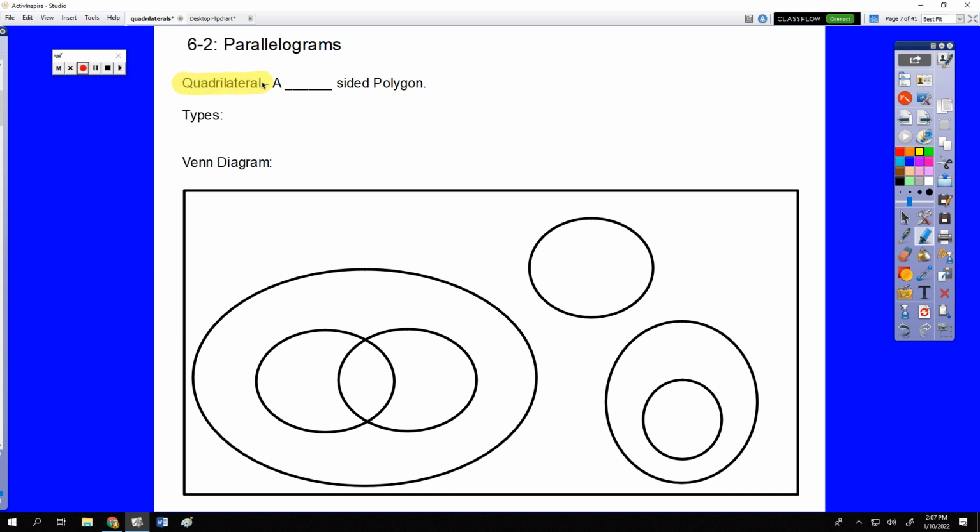First of all, I want to add an official vocabulary definition for quadrilateral. A quadrilateral is herefore described as a four-sided polygon. There are a number of types of quadrilaterals that you've dealt with throughout your time in school.